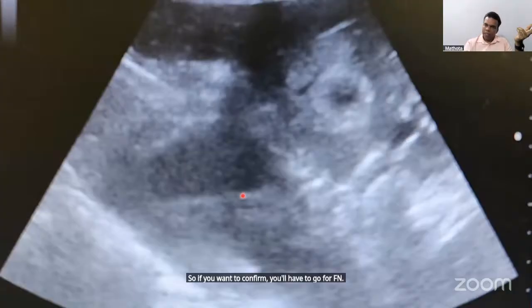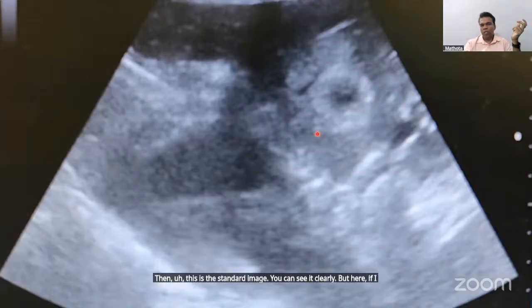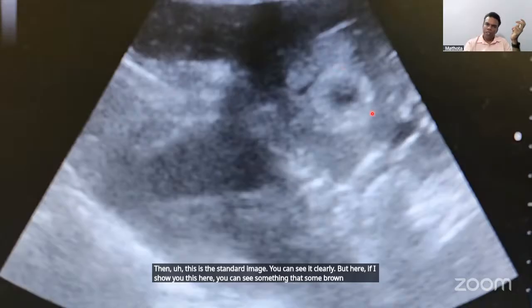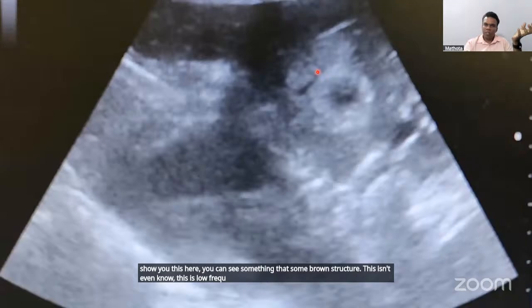Then this is the standard image. You can't see it clearly, but if I show you here, you can see some round structure. This is a liver lobe. It's a low frequency image because it's a little bigger animal.